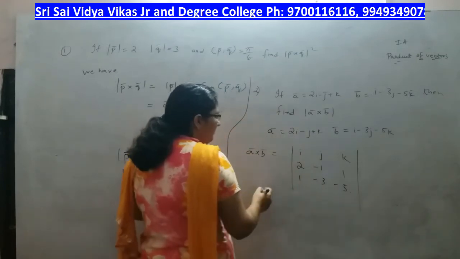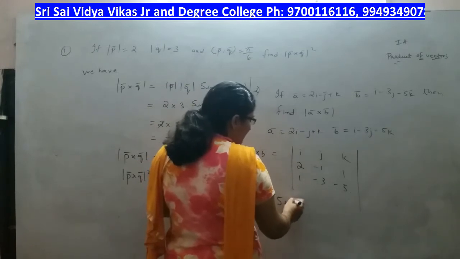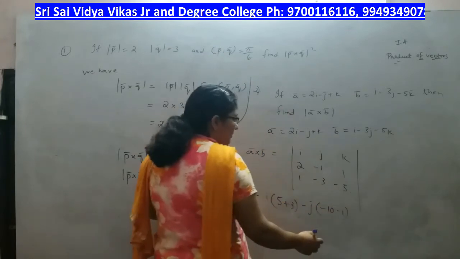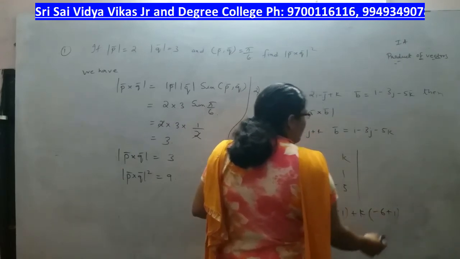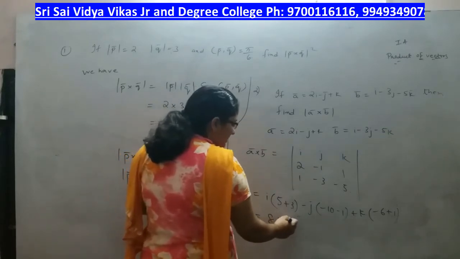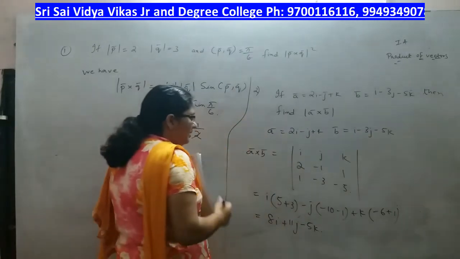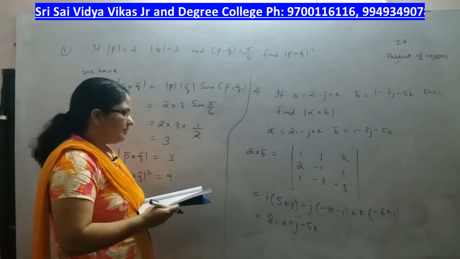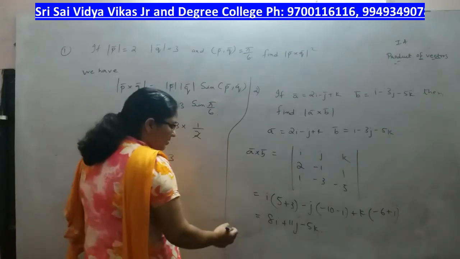So here you have i into 5 plus 3, minus j into minus 10 minus 1, plus k into minus 6 plus 1. So that is nothing but 8i plus 11j minus 5k. That is a bar cross b bar, given by 8i plus 11j minus 5k. Here they are asking modulus of a bar cross b bar.